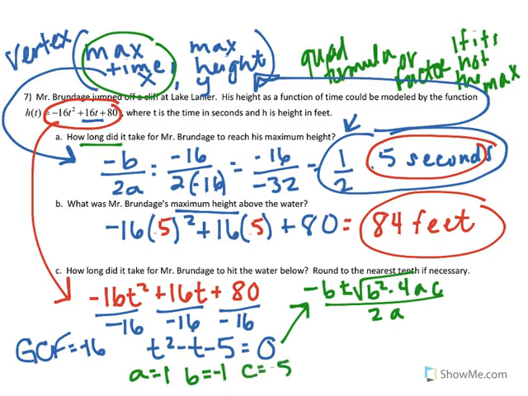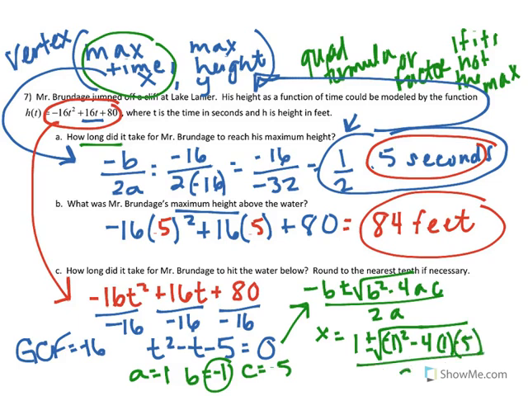Now when I go to plug all of this in, I get 1, because when you have a negative and a negative, that makes a positive. So I can just put 1 plus or minus the square root of negative 1 squared minus 4 times 1 times negative 5, all over 2a.